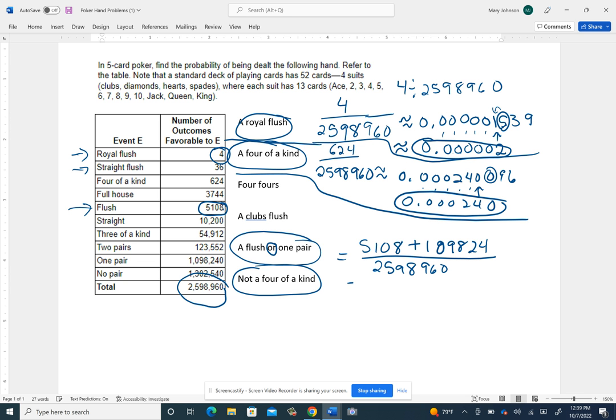When you work that out, I didn't write what that turned out to be when I added, but I did write out what I got after my decimal. Make sure you hit enter after you add those two together.